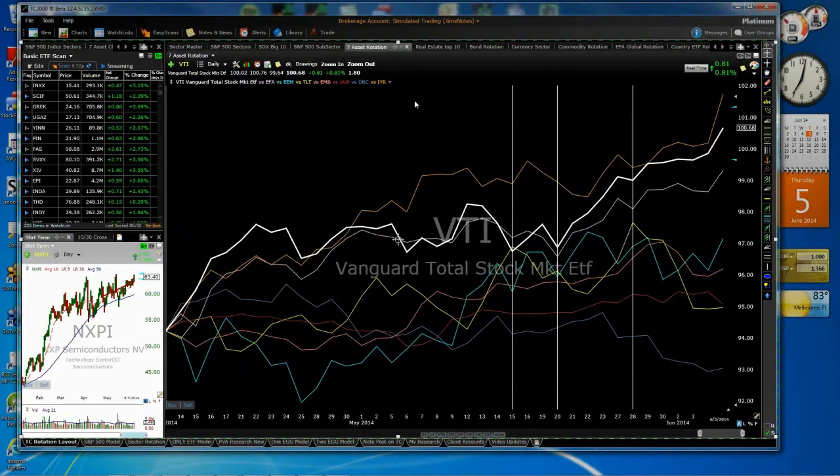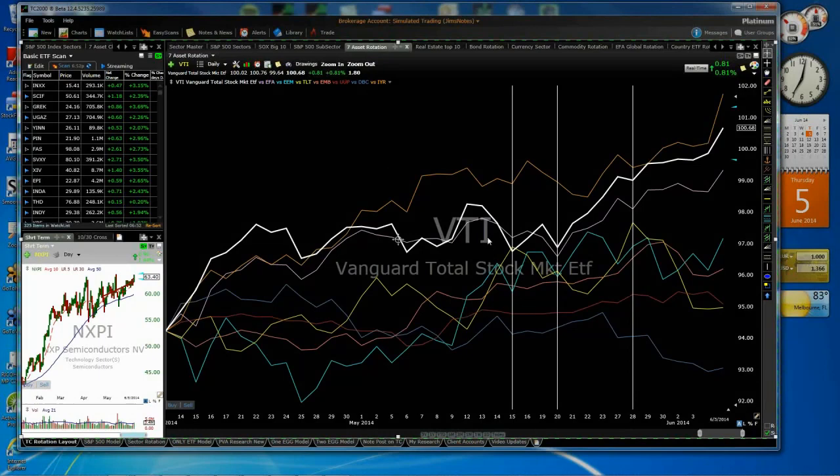It takes the 7 asset classes and plots them all together. In this case, we're using VTI for the U.S. total stock market because it incorporates, for the most part, almost every stock in the U.S. equity markets. So it's a good benchmark relative to the orange line here, IYR, which is real estate.